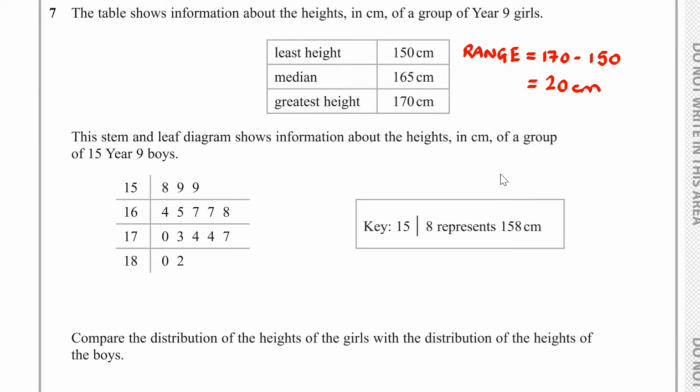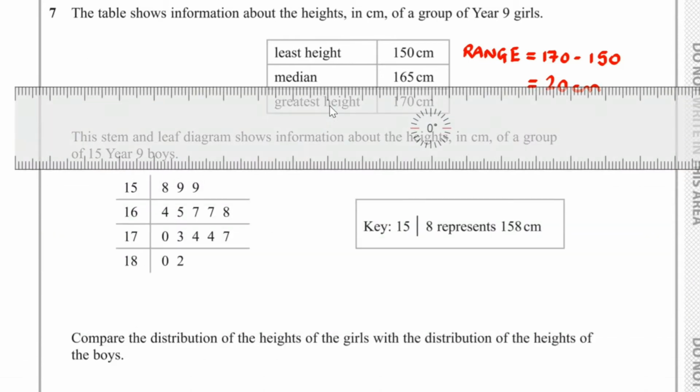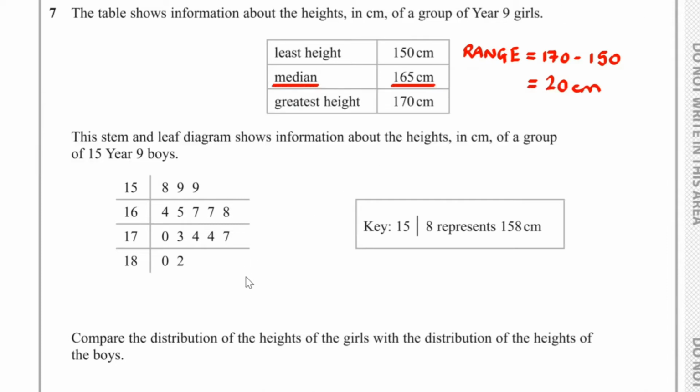And we know that the median is already given to us for the girls as 165 centimetres. Now we can find the median for the boys and also the range for the boys.